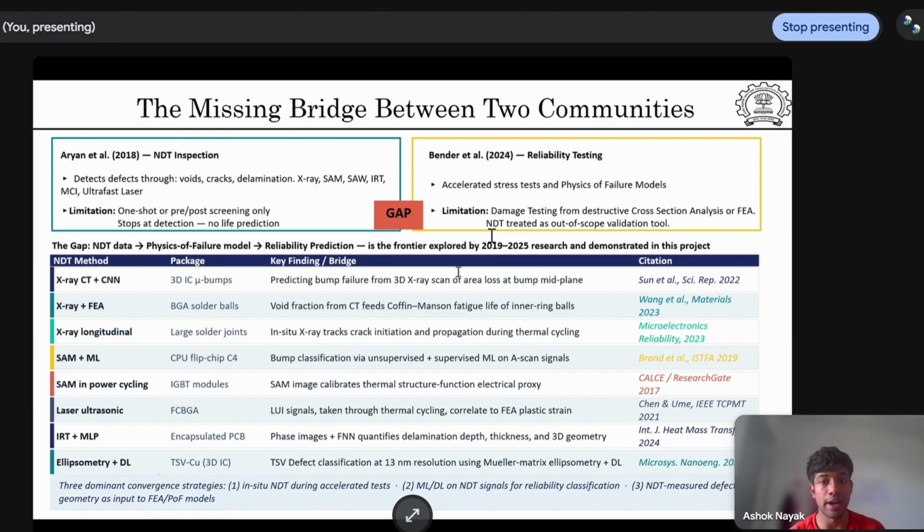So this is NDT inside an accelerated stress test, exactly what neither anchor paper implements. And lastly, the 2024 IRT plus MLP paper couples lock-in IRT phase images with neural networks to quantify delamination depth and area.